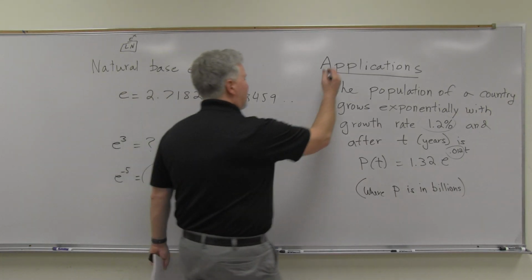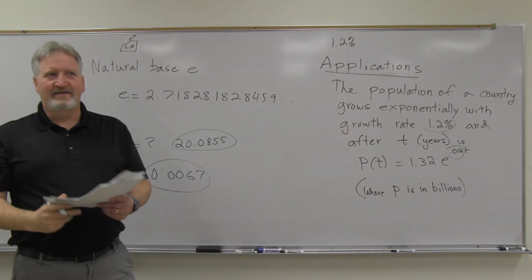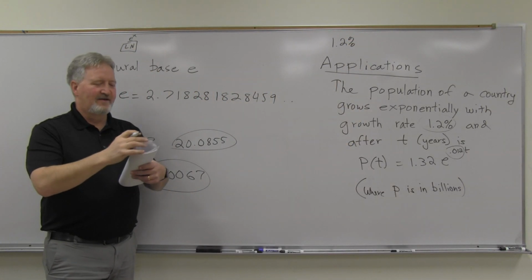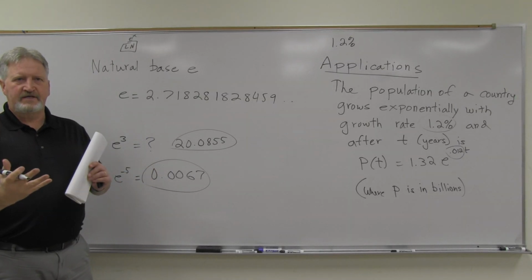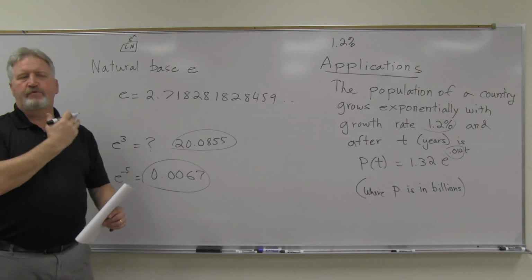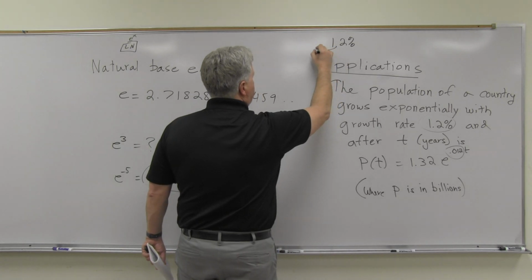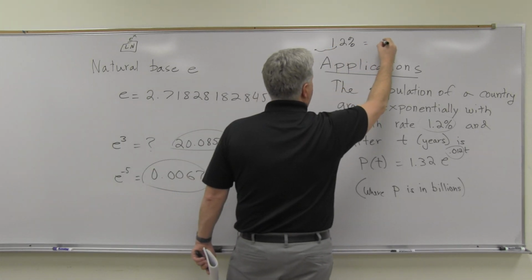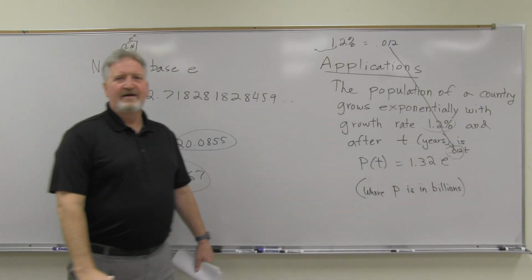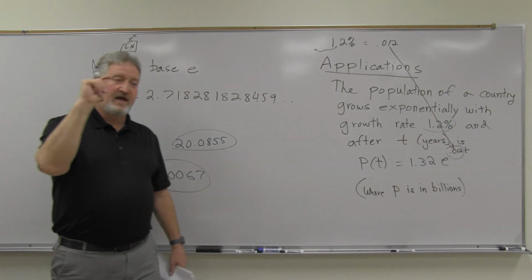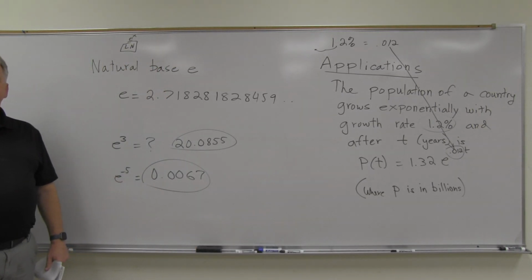If I get rid of the percent sign, you move the decimal point 2 places to the left, 1, 2, and so that is 0.012. Hey, how about that? That's my growth rate. It turns out that in that exponent, you do have the growth rate.